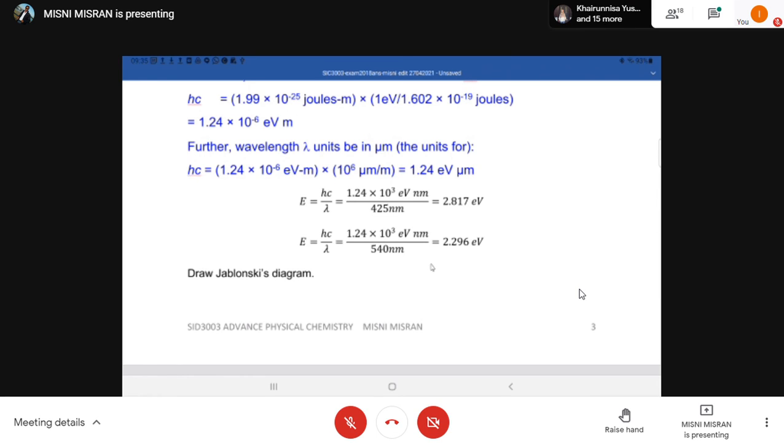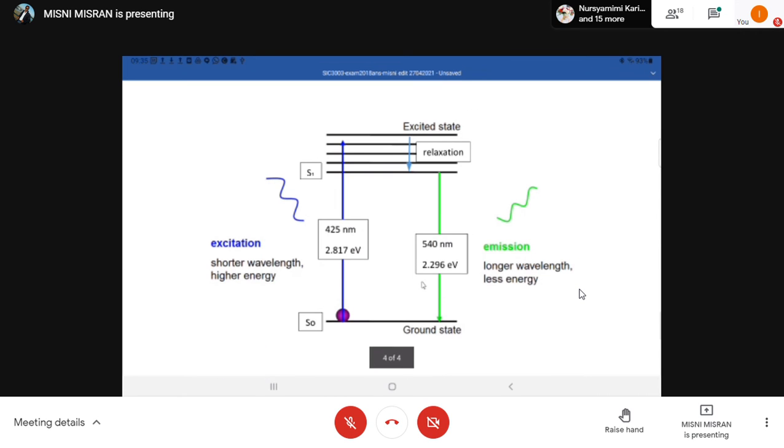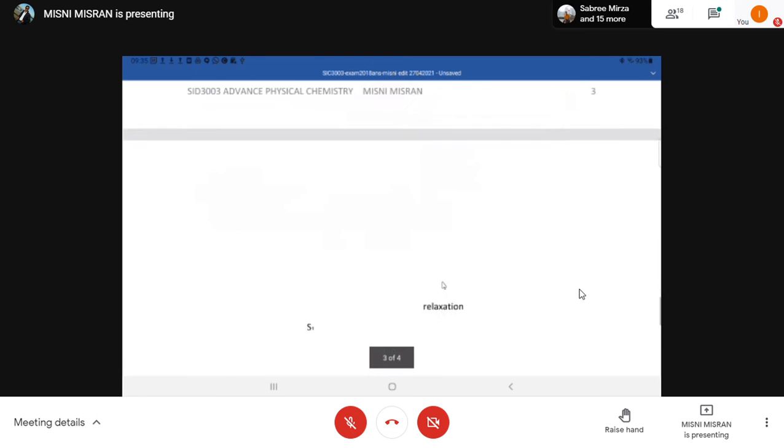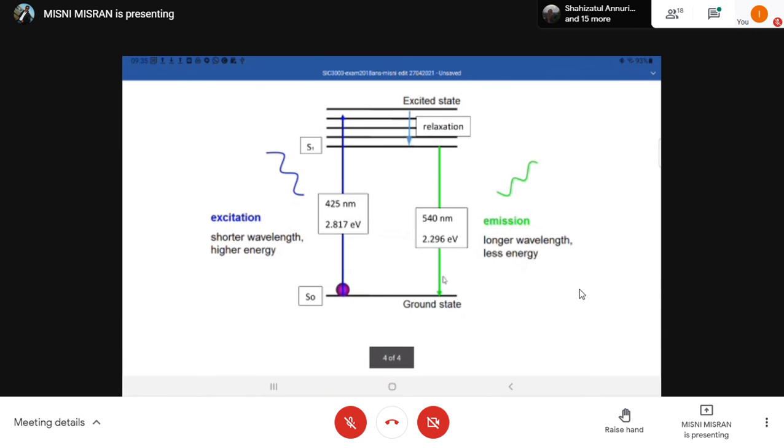So in this case, you have 296 EV, Jablonski diagram. And you convert into Jablonski diagram, for instance. Hang on a sec. This is wrong, sorry to say.